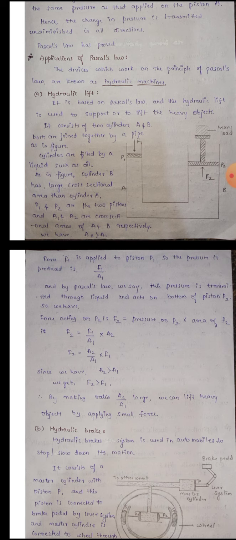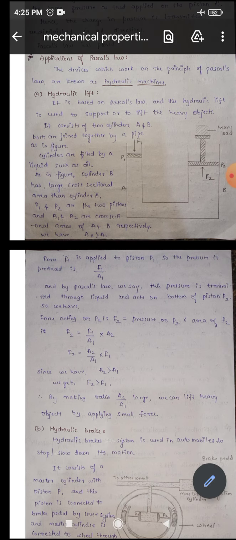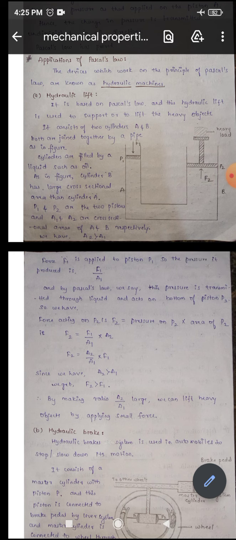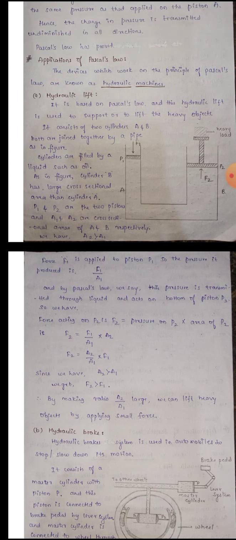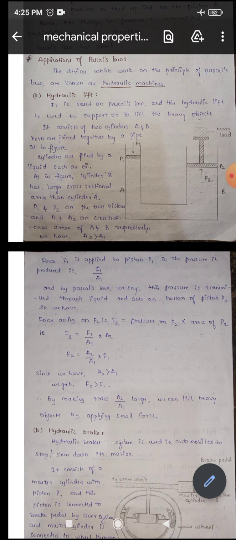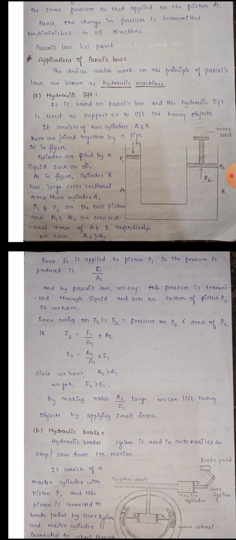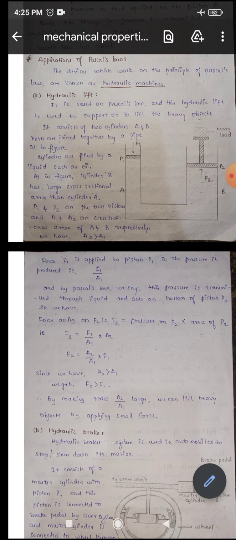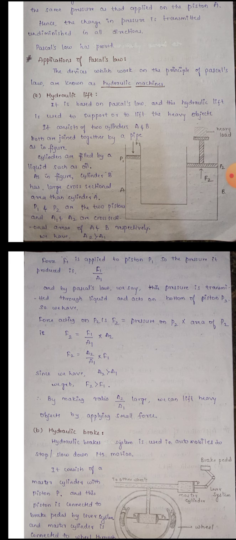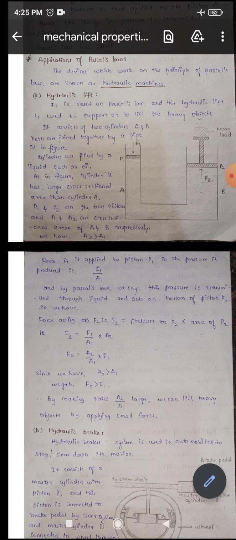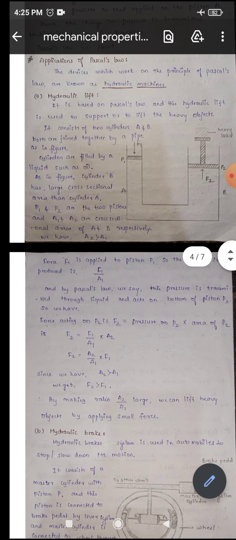Let F1 amount of force be applied to the piston P1. We are applying the F1 amount of force to the piston P1 so that pressure is produced. So the pressure produced at P1 is F1 divided by A1, where F1 is the force applied and A1 is the area of cross section of cylinder A. We know this hydraulic lift works on the principle of Pascal's law.